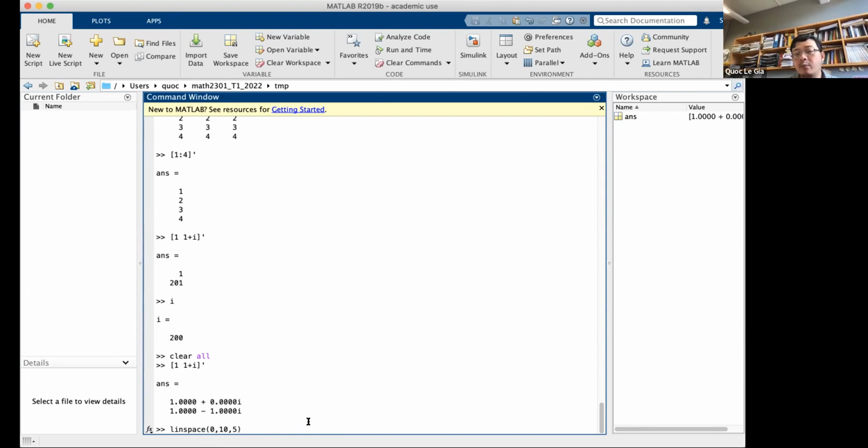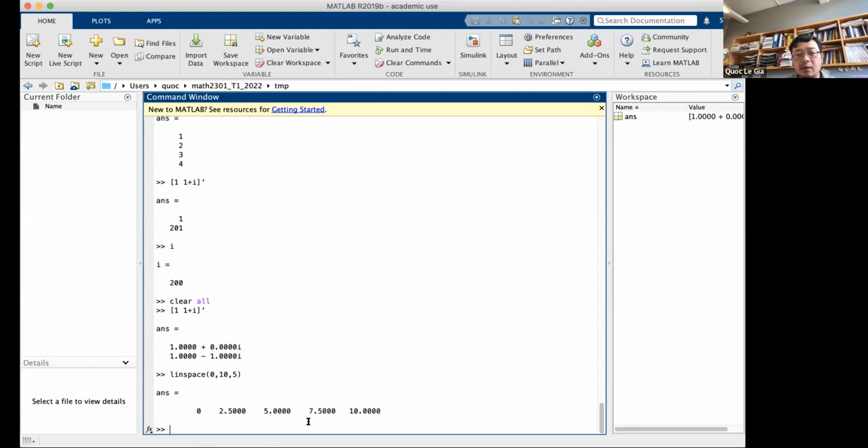So that gives 5 points. Remember the 5 here is 5 elements: 1, 2, 3, 4, 5. You take the interval from 0 to 10, divide it into 4 pieces, and then you get 5 elements.